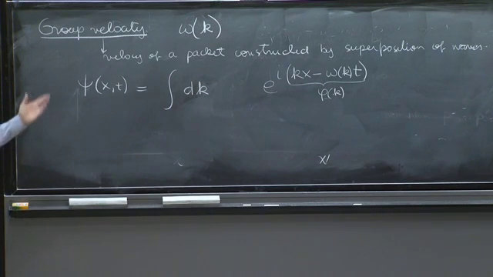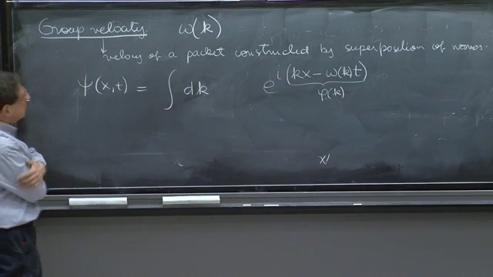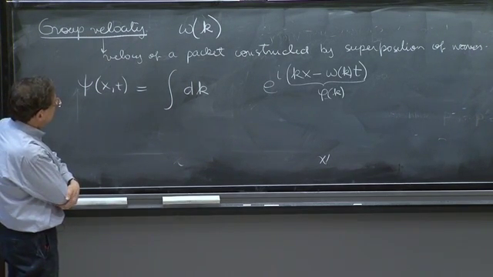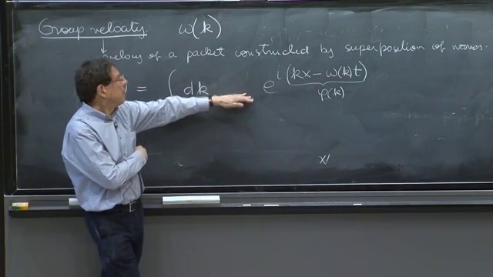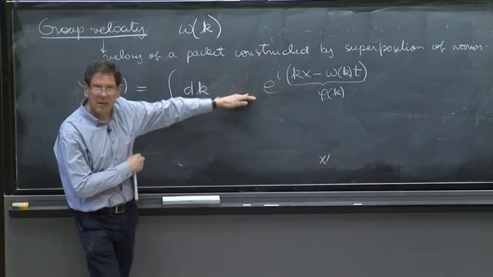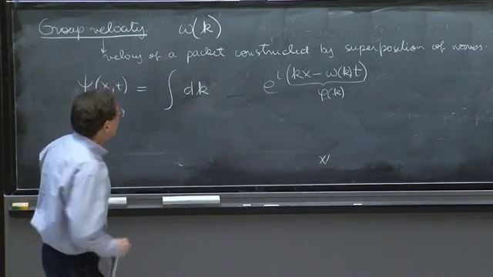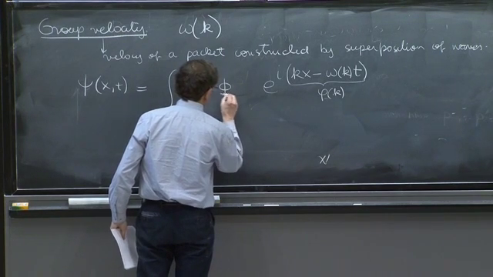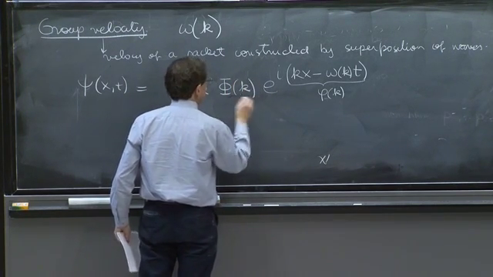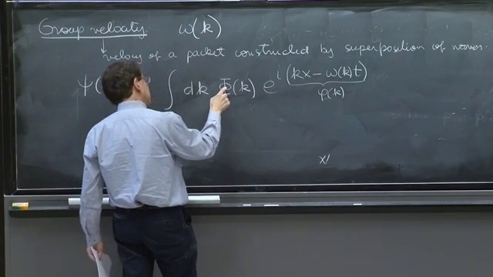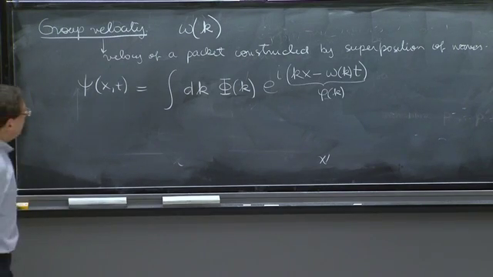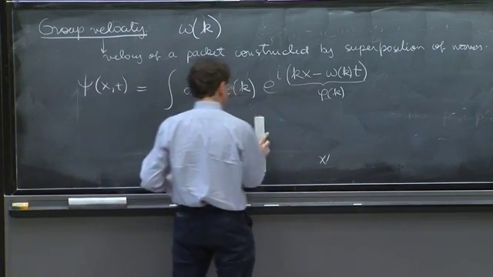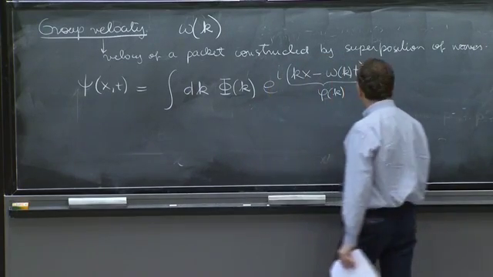So that's one wave. It could be sines or cosines, but exponentials are nicer, and we'll do it with exponentials in this case. But you superimpose them, and each one may be superimposed with a different amplitude. So what does it mean? It means that there's a function phi of k here, and for different k's, this function may have different values. Indeed, the whole assumption of this construction is based on the statement that phi of k peaks.